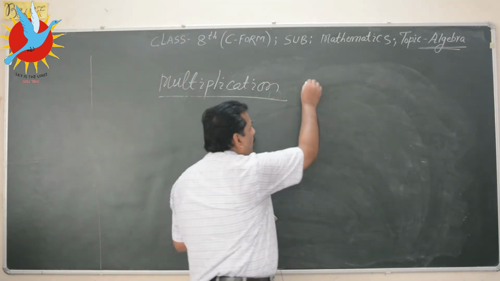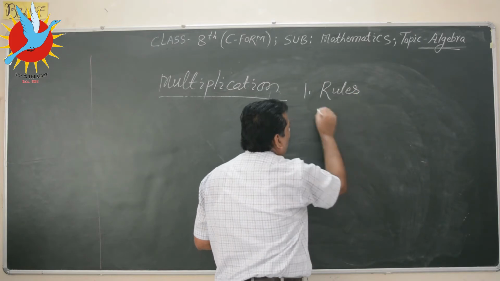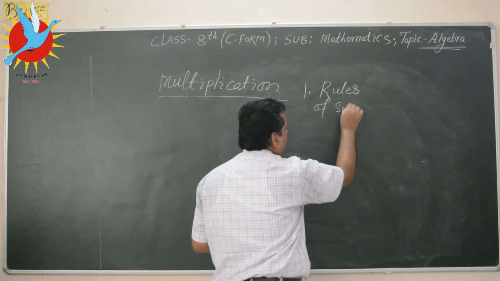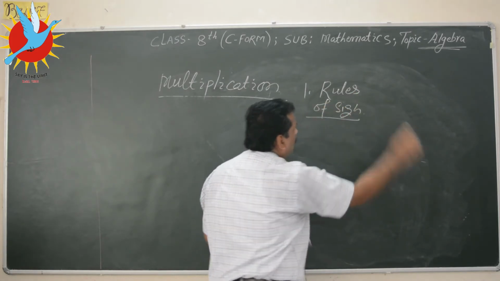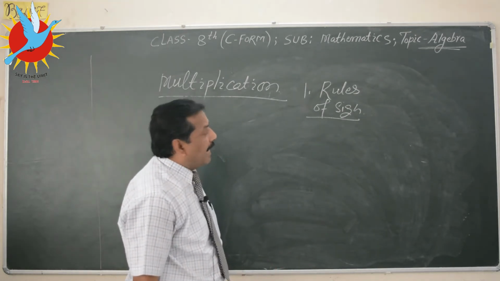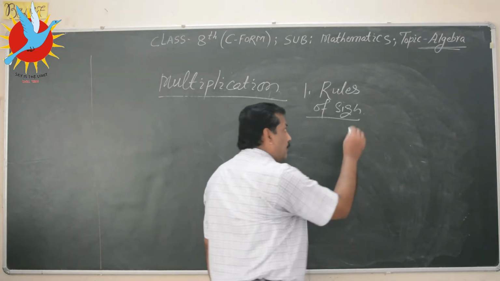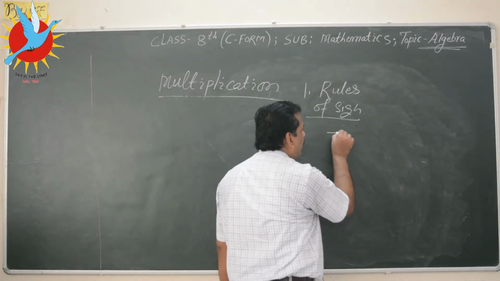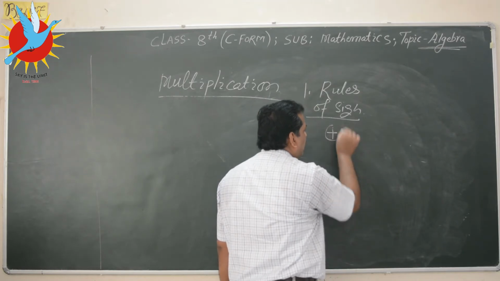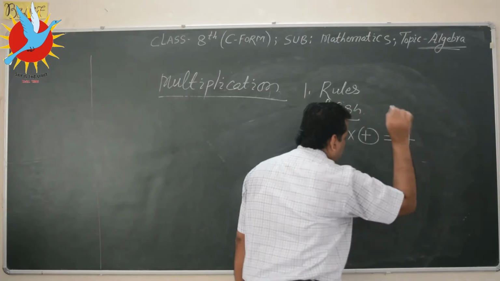First of all, the rules of sign. How to decide about the sign while multiplying two algebraic expressions? The rule says that plus multiplied by plus, the answer is plus.